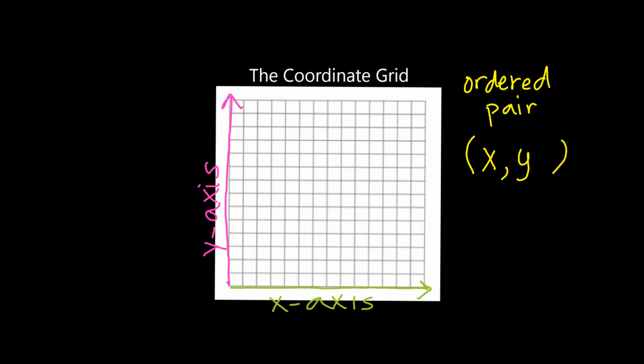Now there is a very important ordered pair on our coordinate grid, and this is called the origin. So right here at the very corner, we have the point 0, 0, which is called our origin.